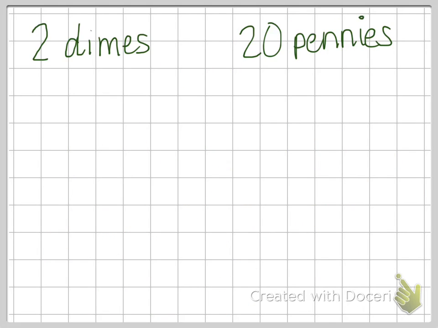Before we get into actually converting our units, I want you to see the differences and similarities between the same value expressed in two different units. We can see here that 2 dimes is equal to 20 pennies. So the value is the same. However, the units are different.